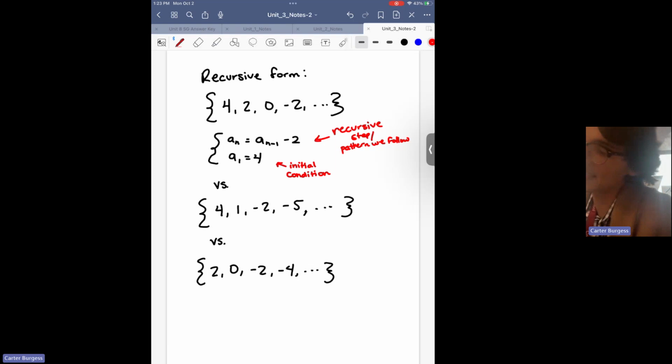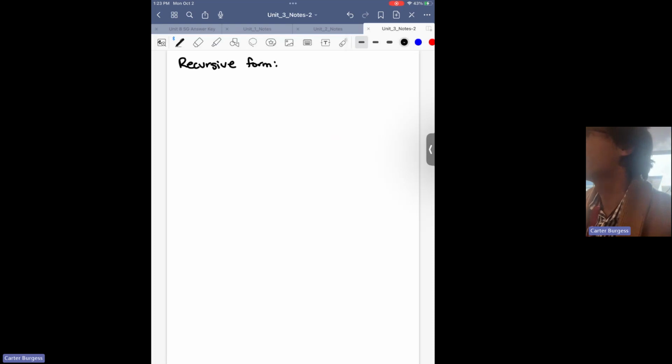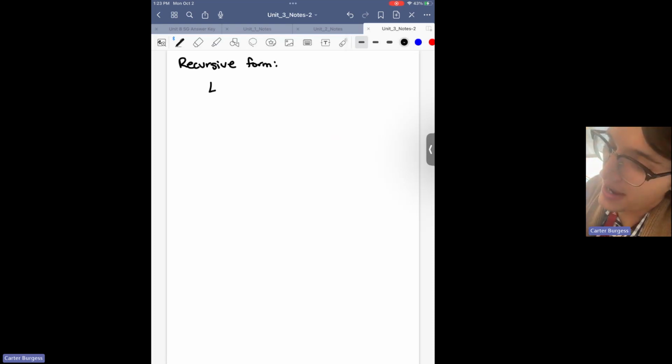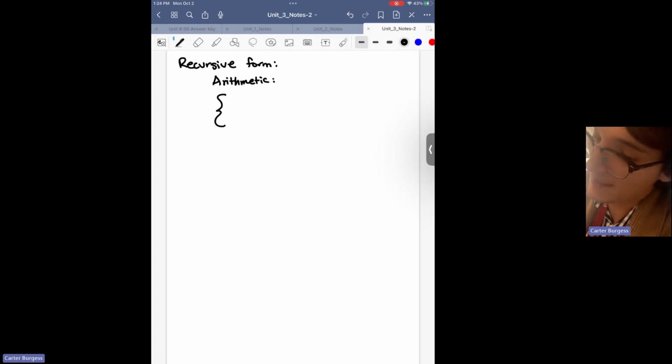Okay. Of course, we can take this and make it a little bit more generic. So that was the recursive form for a particular sequence. But if I am thinking about any kind of arithmetic sequence, what two pieces of information am I always going to need for my recursive form? So the recursive step, in the case of just any generic arithmetic sequence, what pattern am I always going to follow?